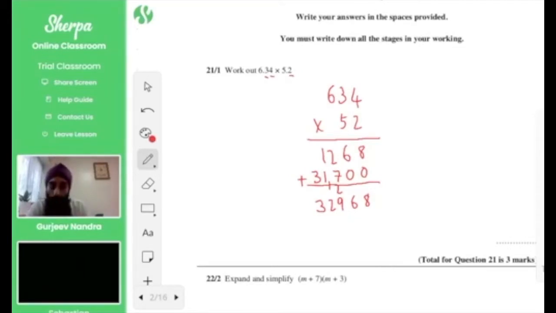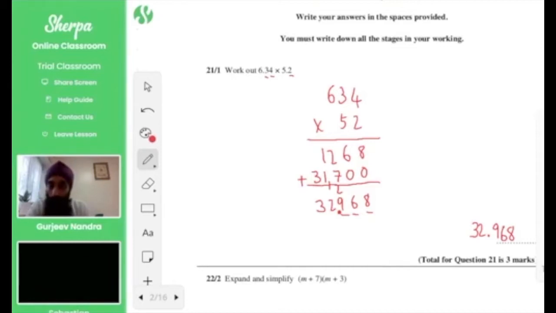So if there are 3 digits after the decimal in the question, there must also be 3 digits after the decimal in the answer. So your decimal point would go between the 2 and the 9 to give you an answer of 32.968, sorry, 32.968.